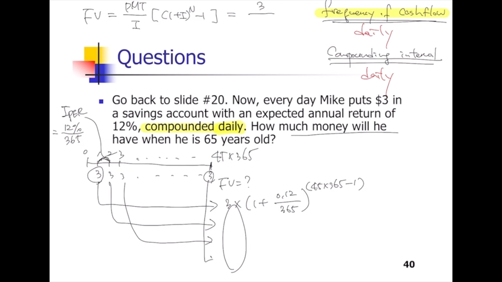So what is the period rate? We already calculated it here, right? So the payment is 3.